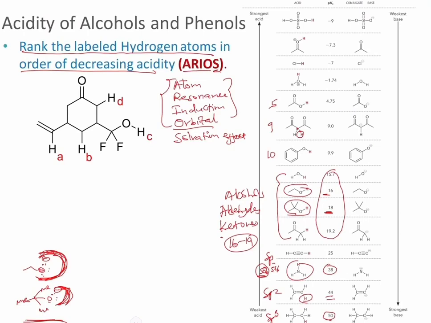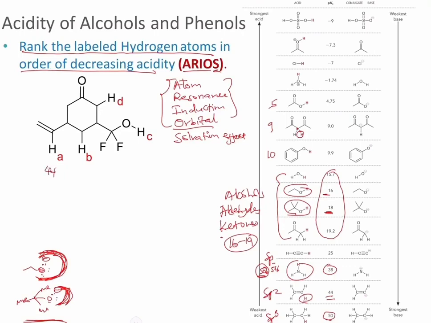Now let us try to answer this question. Rank these hydrogen atoms in the order of decreasing acidity. Based on what we just said, we can assign the pKa values. So let us start from A, that is sp2. So the pKa is 44.